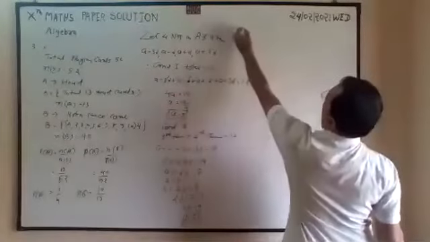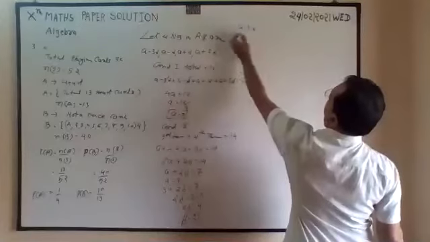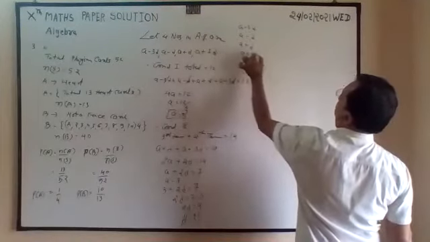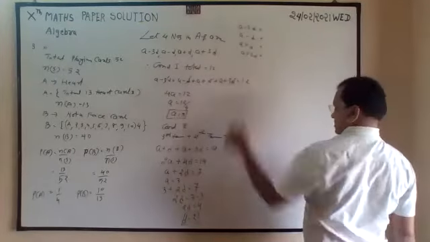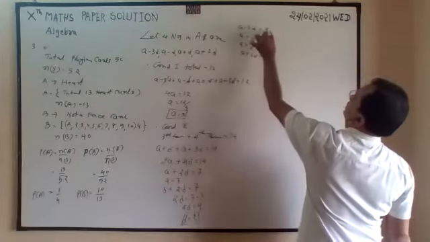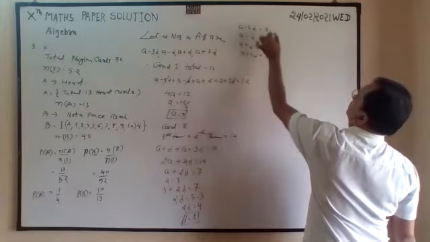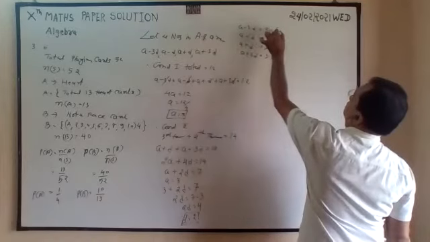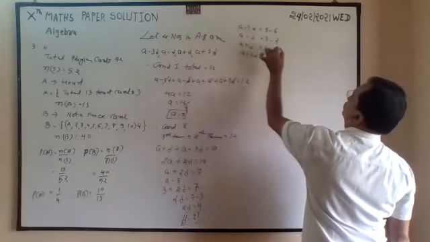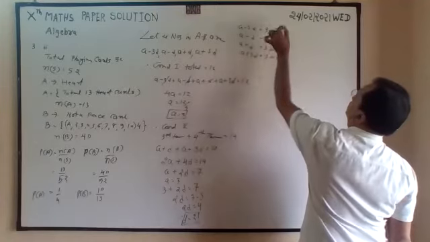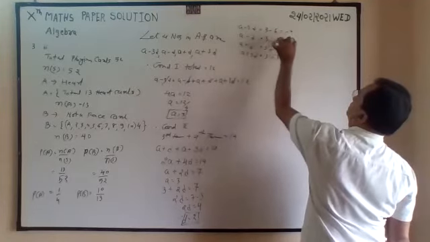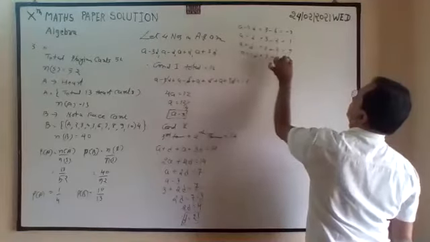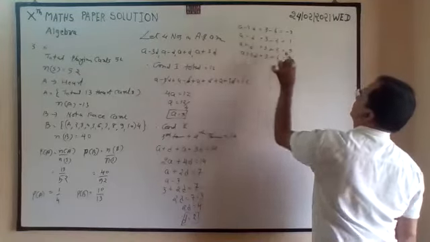So we have to find all the numbers: a minus 3d, a minus d, a plus d, a plus 3d. a is 3, d is 2. 2 threes are 6. So this is minus 3, this is 1, this is 5, this is 9.